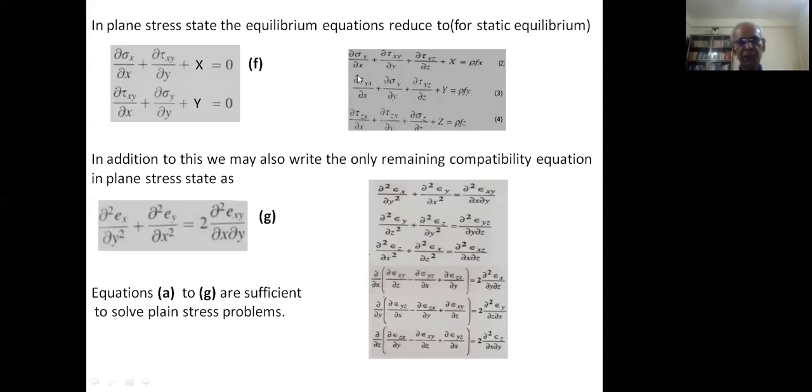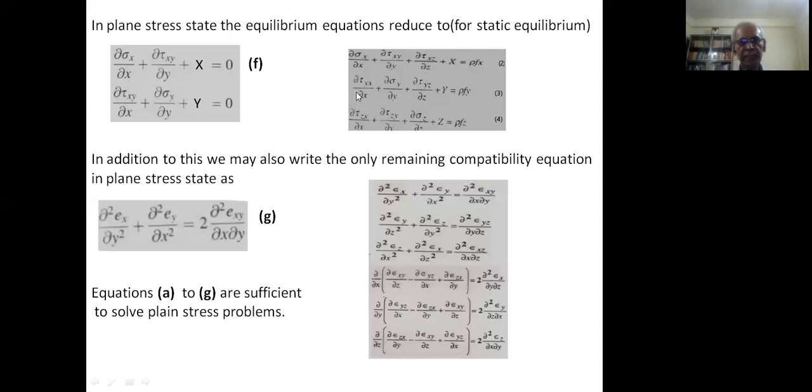If we do that, you will see, look at the first line: del sigma x by del x, that we have here, plus del tau xy by del y, that we have here, but del tau xz by del z will be 0, so that is not there. Plus X, the body force, is equal to 0, since for static equilibrium the right hand side is 0.